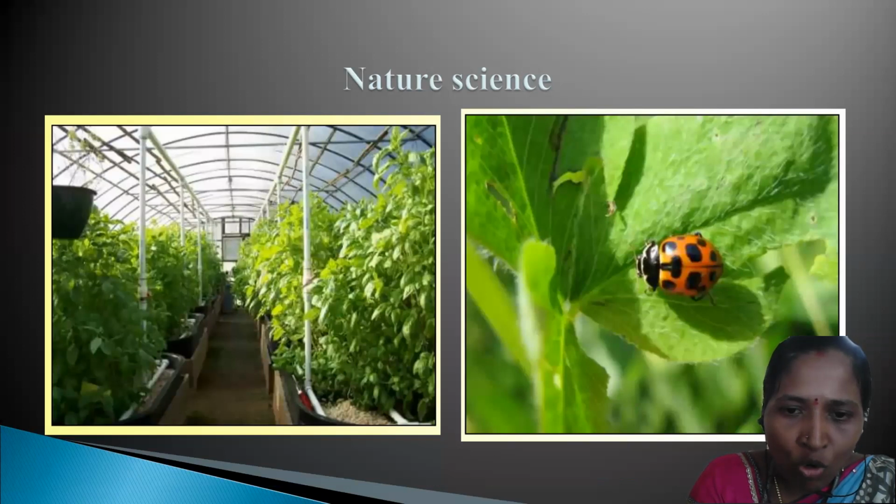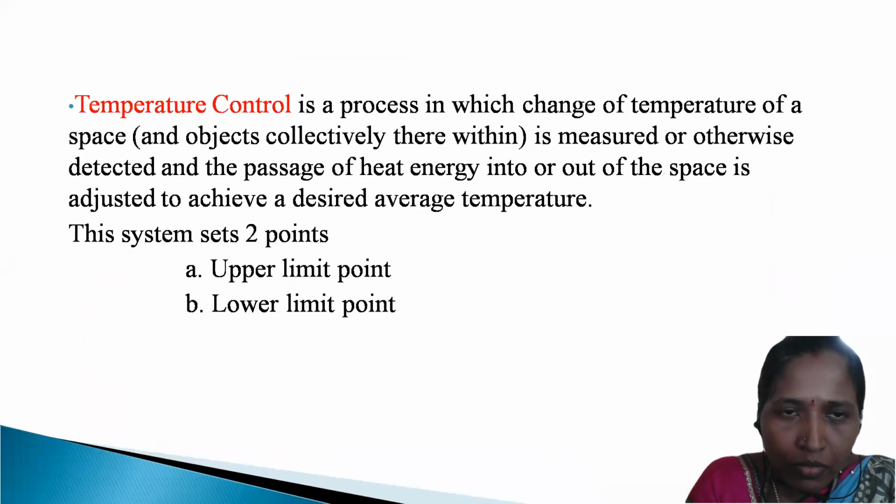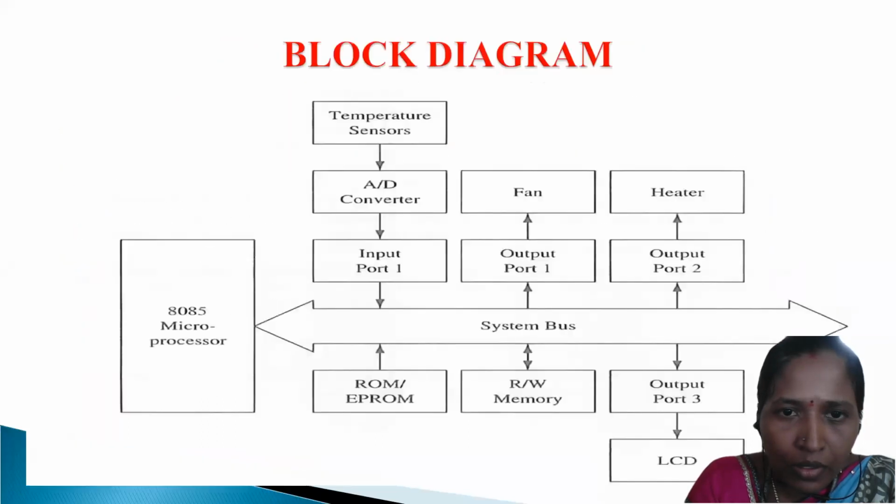Going back to the block diagram. The memory block consists of ROM or read/write memory, and that is given to the microprocessor. The microprocessor fetches and reads the instructions from the memory.